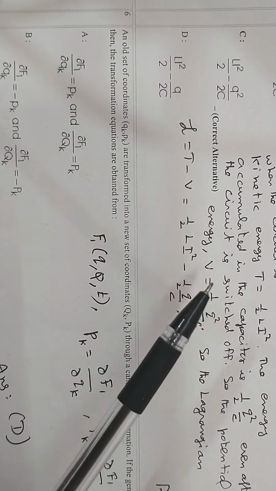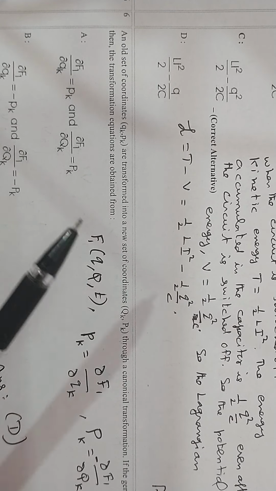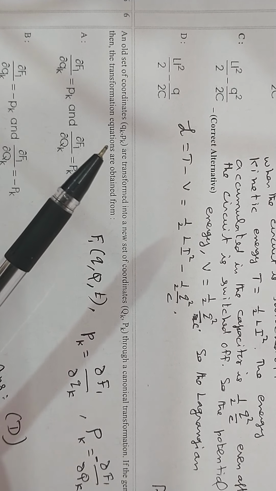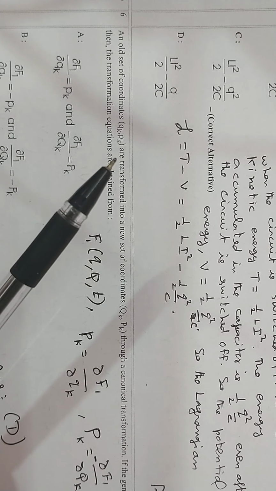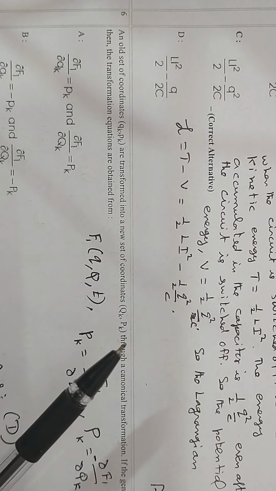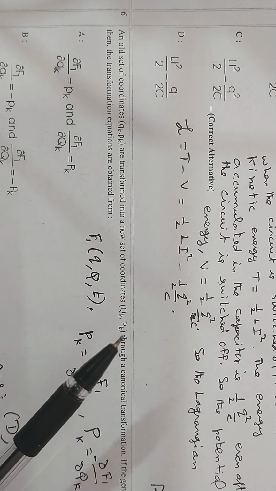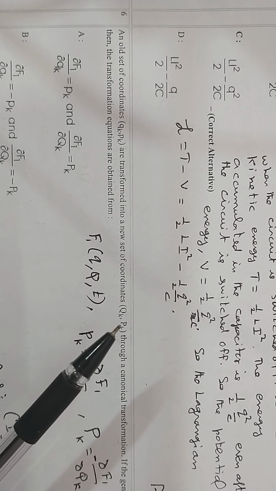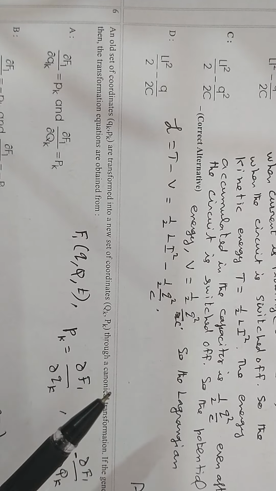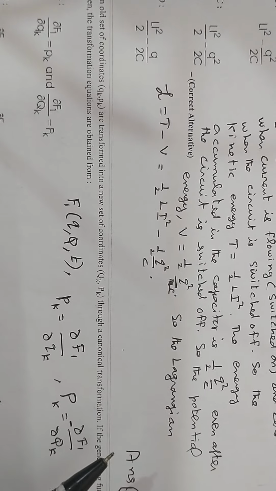The next question. An old set of coordinates q_k, p_k are transformed into a new set of coordinates Q_k and P_k through a canonical transformation.